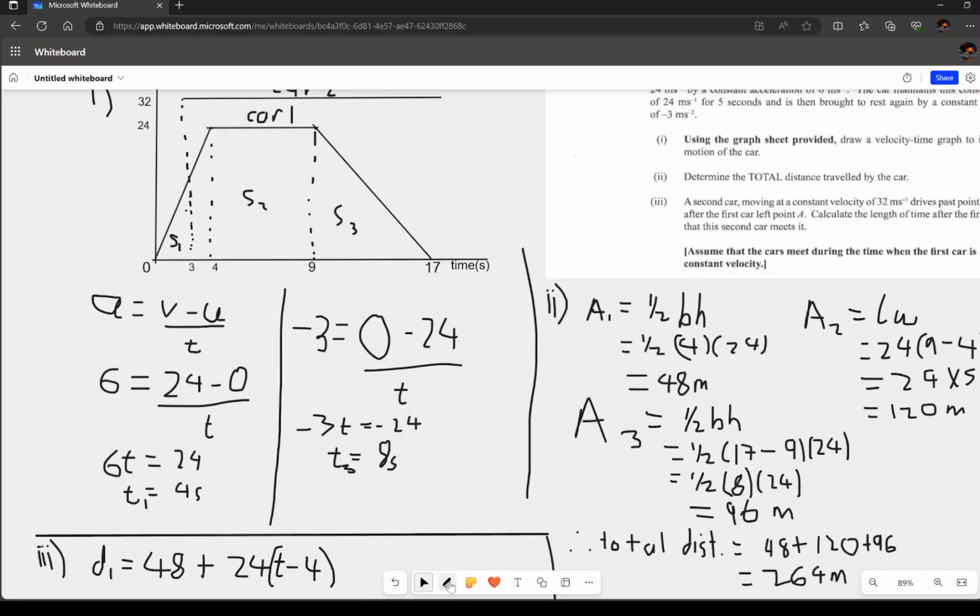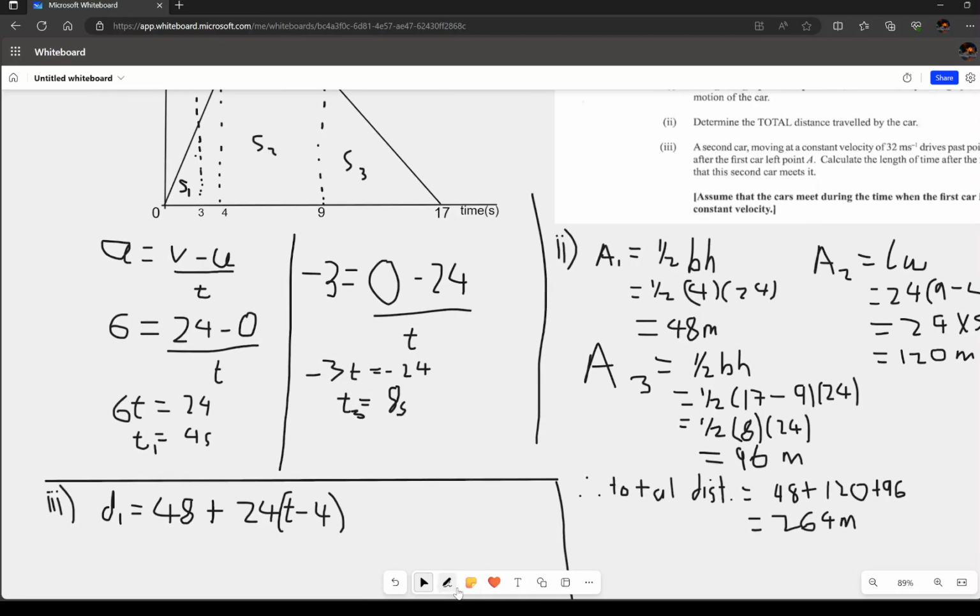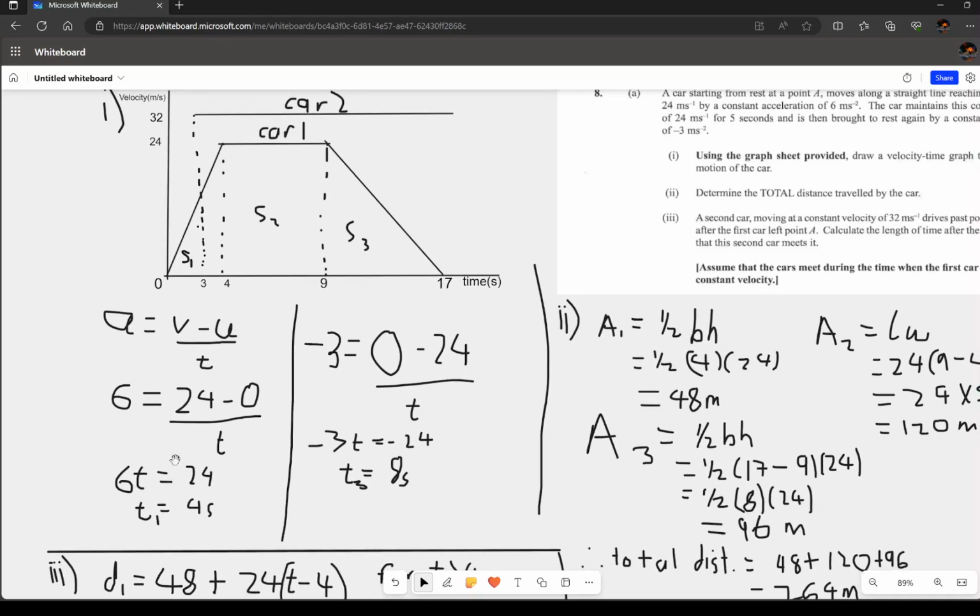So I also need to make another important clarification, is that this equation is only valid for t is greater than or equal to 4. The reason why it's only valid for those is because we already counted any value of t before t equals 4 in our constant of 48, because that would be in stage 1.